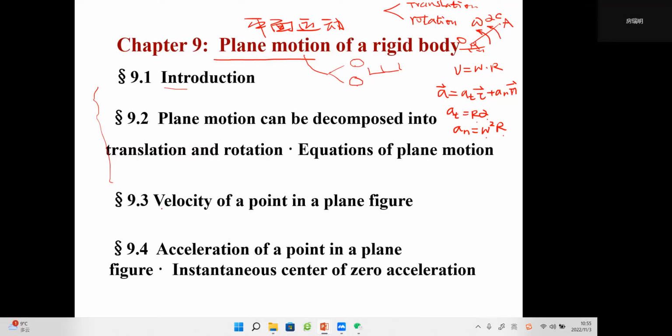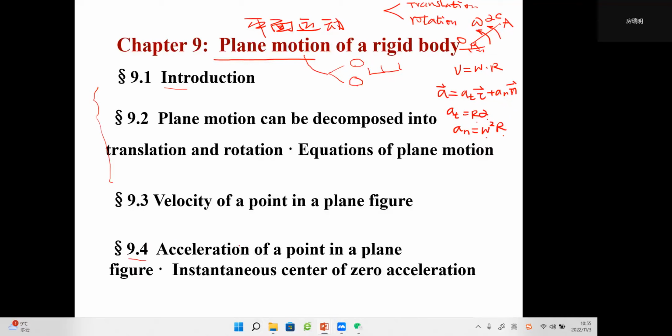And the third section will talk about the velocity of a point in a plane figure. The final one is a hard one, a little bit difficult to understand, especially for you guys. We are going to talk about the acceleration of a point in a plane figure, instantaneous center of zero acceleration.